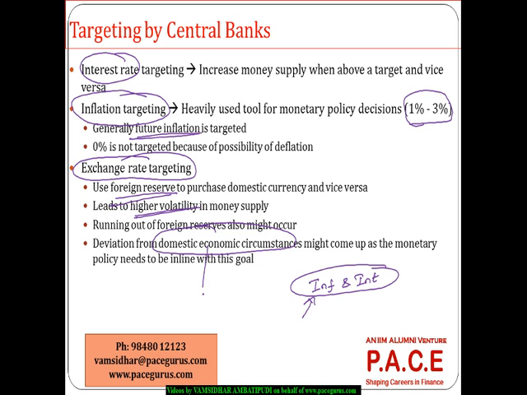But the major problem lies in deviation from the domestic economic circumstances, and the monetary policy of the country will be in line with the pegged currency's country, not with the domestic country. So that becomes a very severe problem, which needs to be addressed by the central banks.